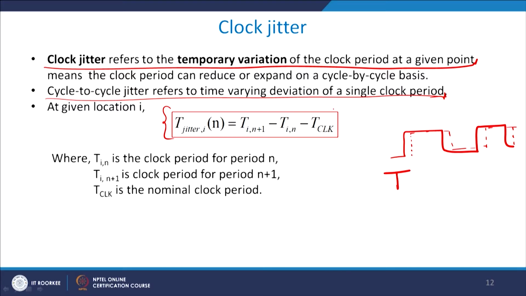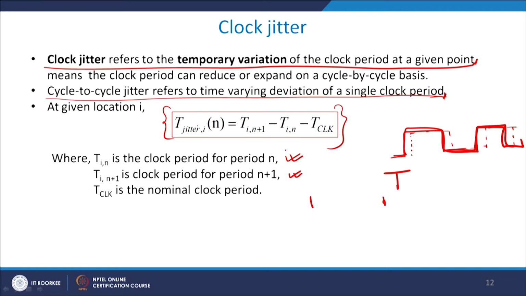T I jitter equals T I n plus 1 minus T I n minus T clock, where T I n is the clock period for period n, and T I n plus 1 is for the n plus 1th period. So, when you vary from the first period to the second period, there is a lateral shifting.